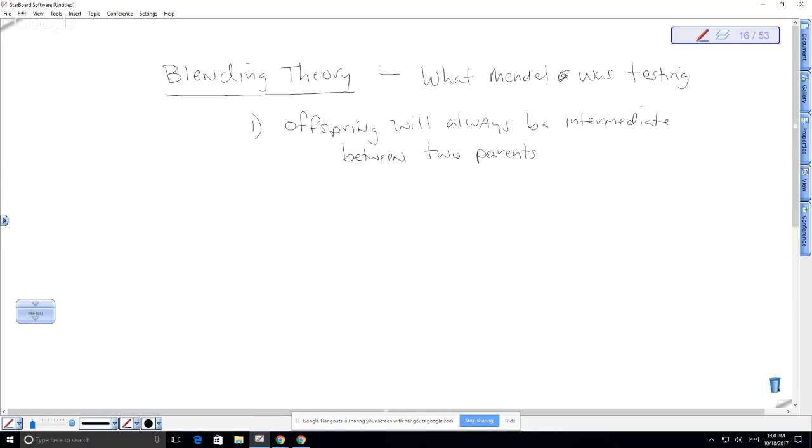So they're blended together, right? So the traits are blended together. Now, the other thing that was important is that once the traits are blended, you cannot separate them back out.